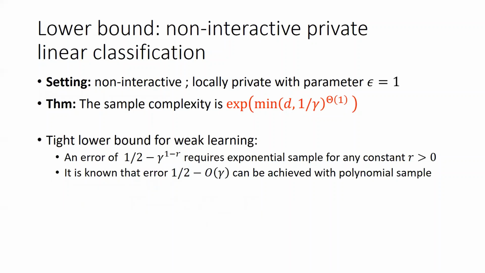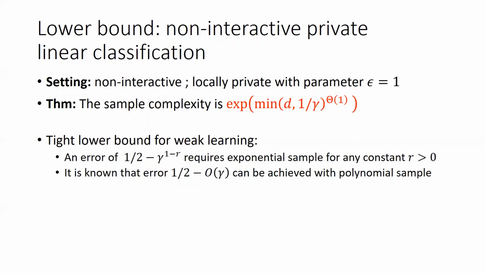In this paper, we show that even in this setting, exponential sample size is unavoidable. Formally, for any non-interactive algorithm, one requires a sample that is exponential either in the dimension or in 1 over the margin.